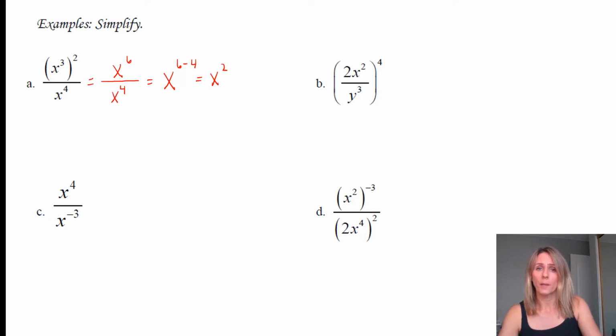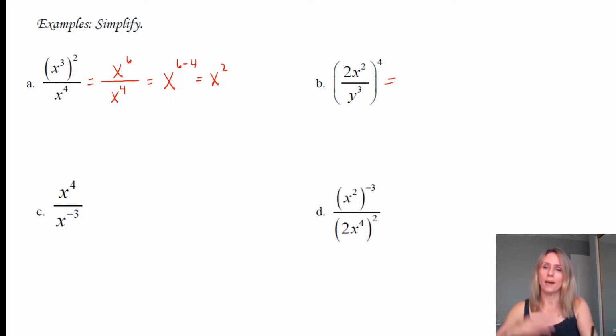Just remember that's because the numerator is x times x times x times x times x times x, and the denominator is x times x times x times x. So any of those common x's can be simplified, but it still leaves 2 x's in the numerator, specifically x times x, and so that's where the x squared is coming from. The rules just make it a little bit easier.